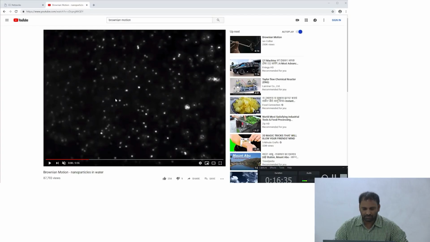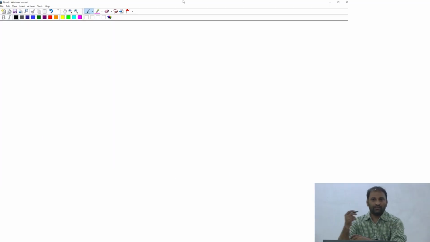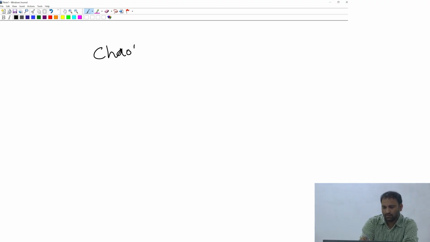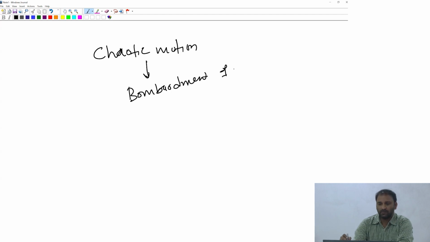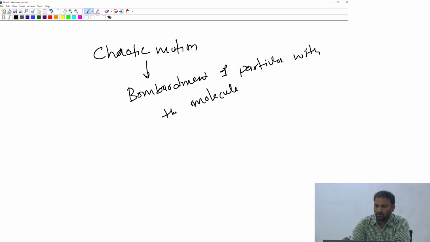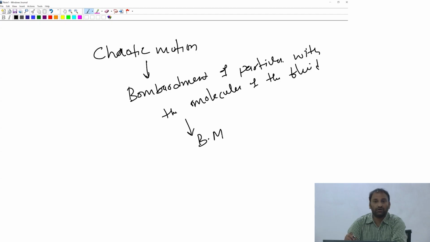Such a chaotic motion, which is because of the bombardment of the particles with the molecules of the fluid, is what is called Brownian motion.